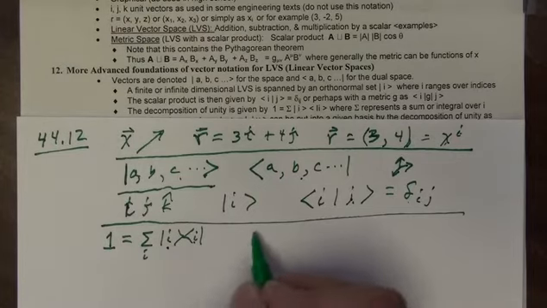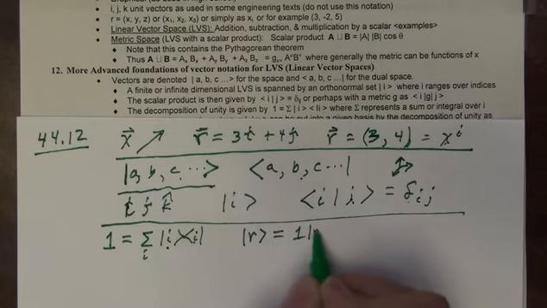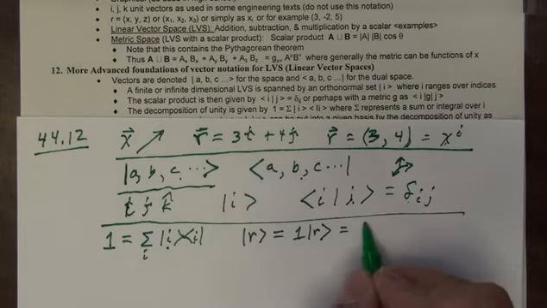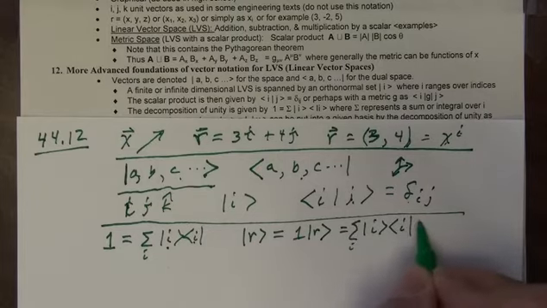So for example, if I have a vector r in this new notation, I can say r is equal to 1 times r. Well, that's certainly true. Now this 1 I'm going to write as this, so this is equal to the sum over i of |i><i|r>, but this is the projection of r onto that unit vector.